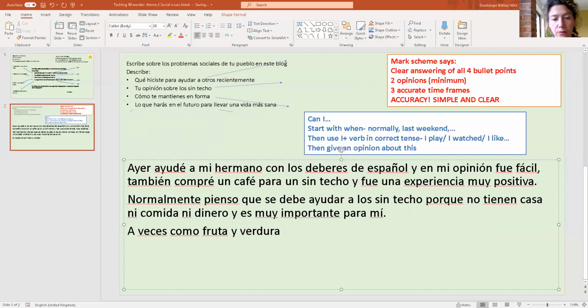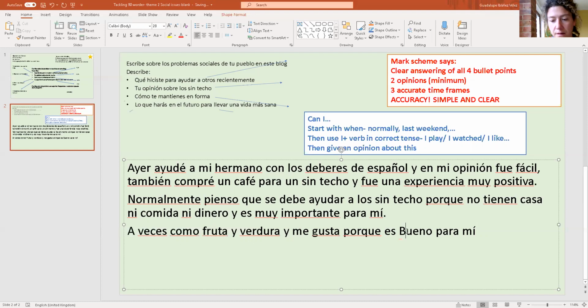Oops, verdura, vegetables. See? And I'm going to say, so como fruta y verdura. Can I give an opinion? Y me gusta. Why do I like it? Porque it's good for me. Es bueno para mí.